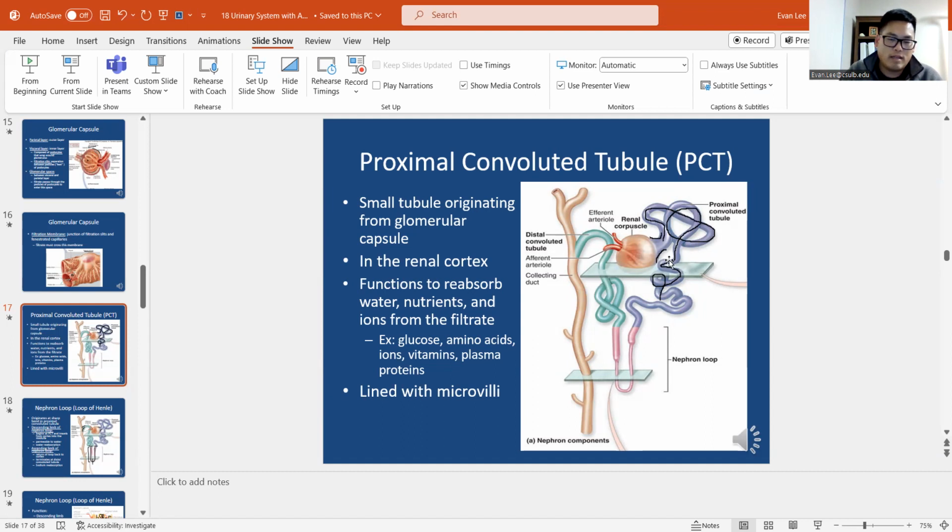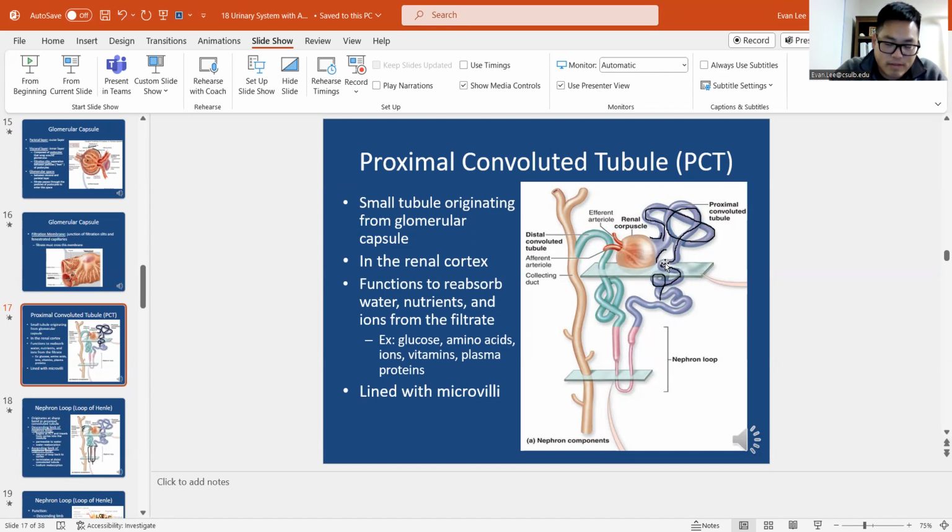And the way that you can do that is through these specialized linings along the cells called microvilli. So I know it's been a while, but dig deep. If you remember what microvilli are, they're the tiny little extensions coming off of the top of the cells. Those are basically just helping to increase surface area. But why do they increase surface area?